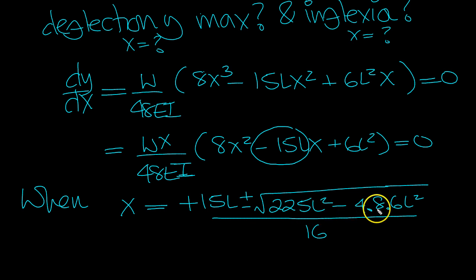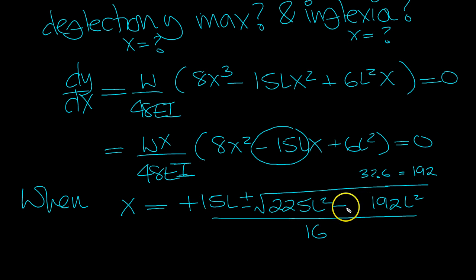So 225 minus 4 8s are 32, times 6, 192. That's better. So I'm going to put 192l squared in here, rather than 4 times 8 times 6.